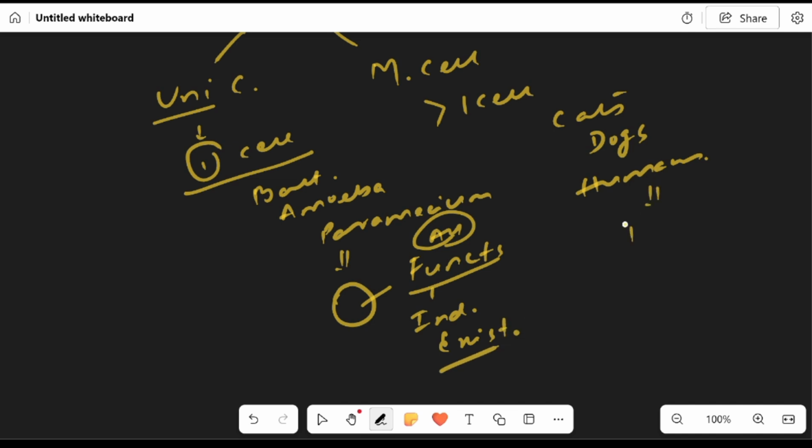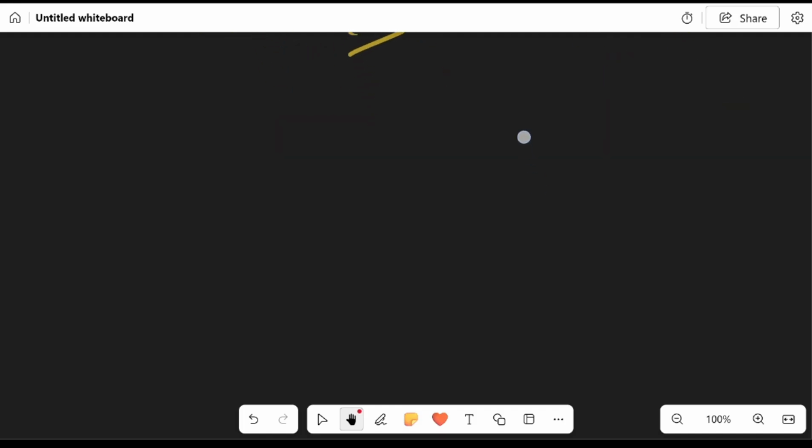While here we have division of labor, different organs perform different functions. Now let us discuss some facts related to the cell discovery, and then we will move towards the cell theory.